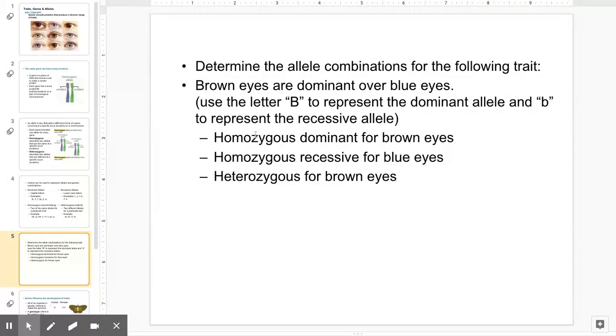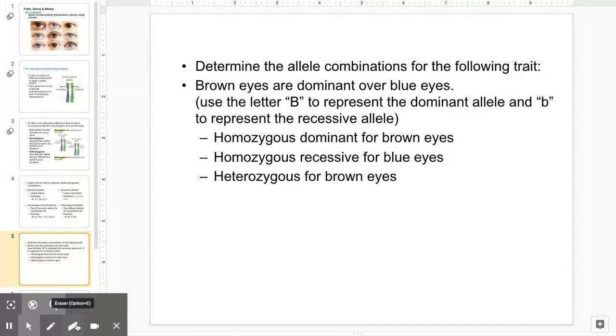So I want you to write out the homozygous dominant allele combination, and this individual would have brown eyes, the homozygous recessive allele combination for blue eyes, and the heterozygous allele combination for brown eyes. So pause the video here and do that now.